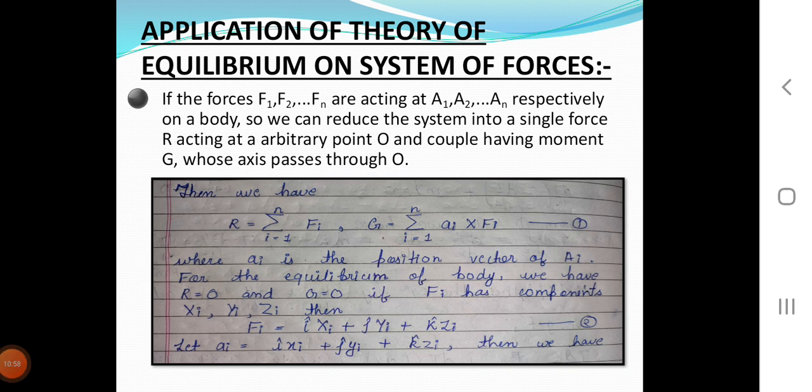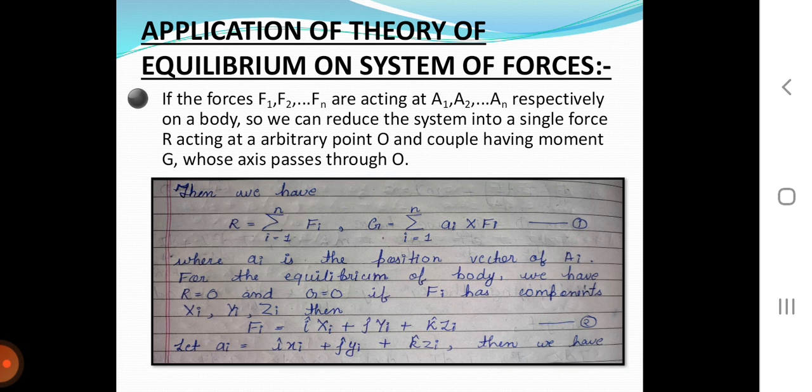Now the application of theory of equilibrium on a system of forces. If the forces F1, F2 till Fn are acting at points A1, A2 till An respectively on a body, we can reduce the system into a single force acting at an arbitrary point O and a couple having moment G whose axis passes through O. Then we have R equals summation i equals 1 till n Fi, and G will be summation i equals 1 till n Ai cross Fi, where Ai is the position vector of Ai.